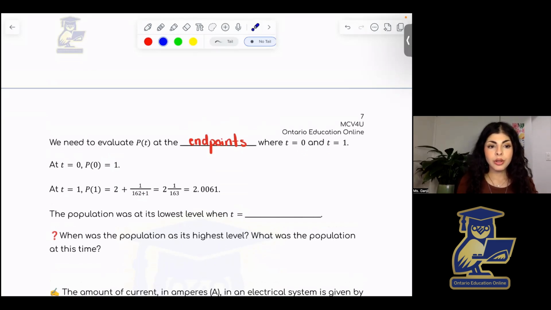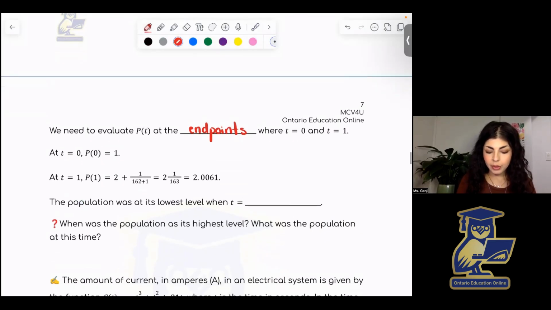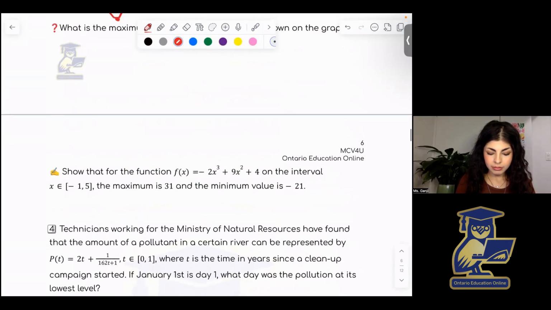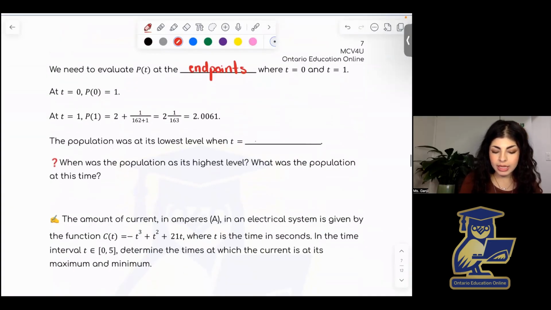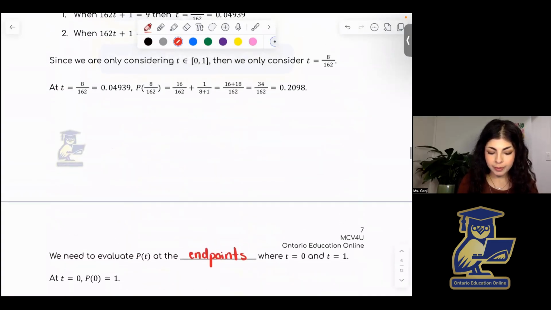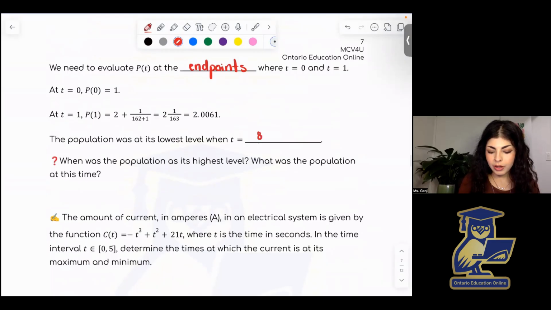And so we can conclude that the pollution was at its lowest when t is equal to 8 over 162. And also consider when the pollution was at its highest level, and what the pollution was at this time.